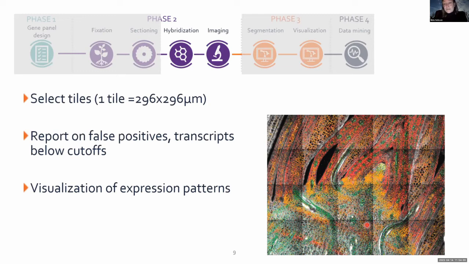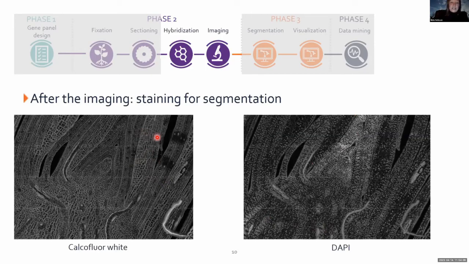Now, if you look carefully, you also see that there is a tissue image in the background, and that is actually something that you need if you really want to start to segment the individual cells afterwards. And here, for once, there was an advantage of working with plants, because typically what these companies do is a DAPI stain, so you visualize the nuclei.